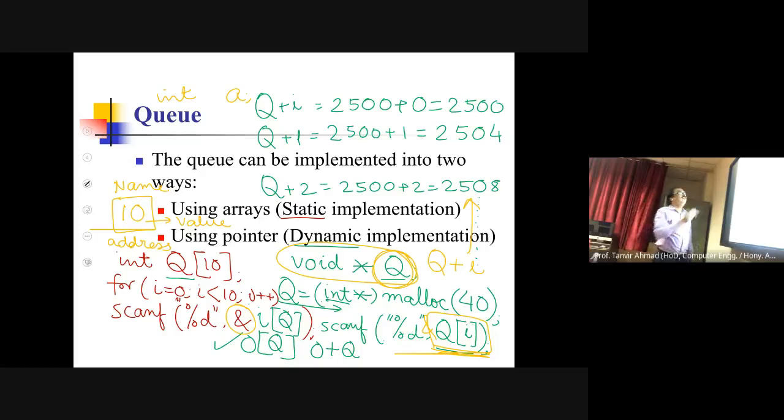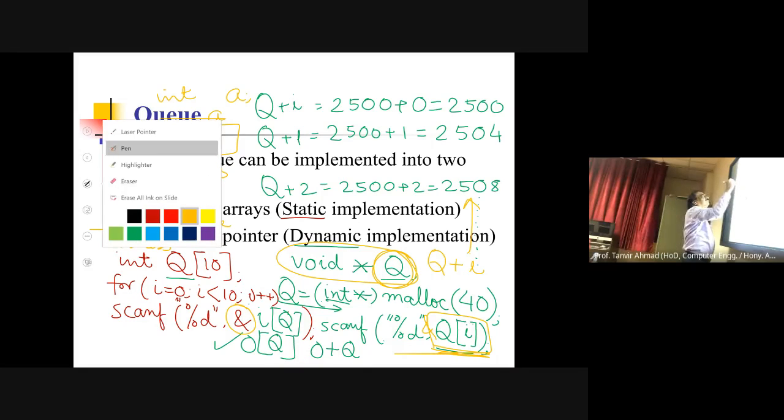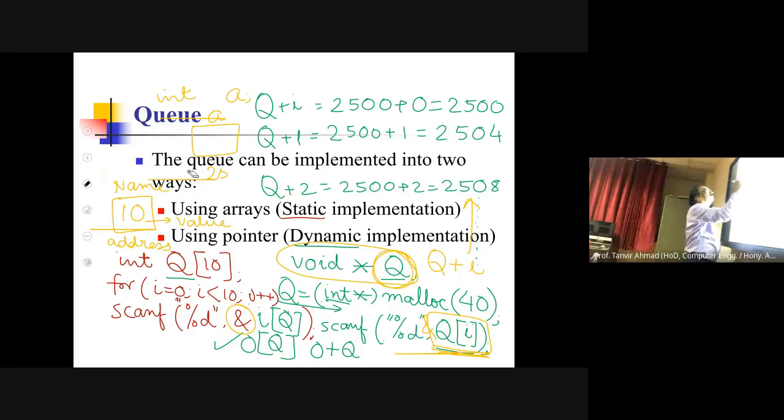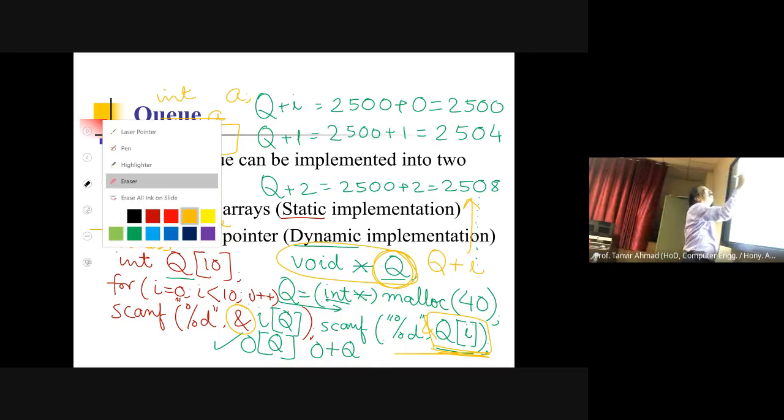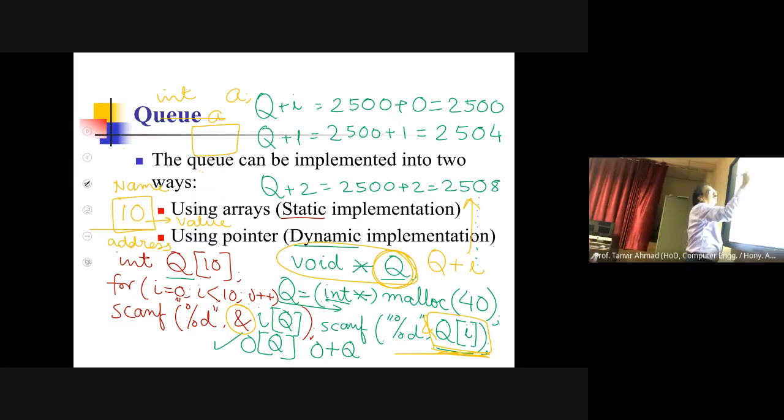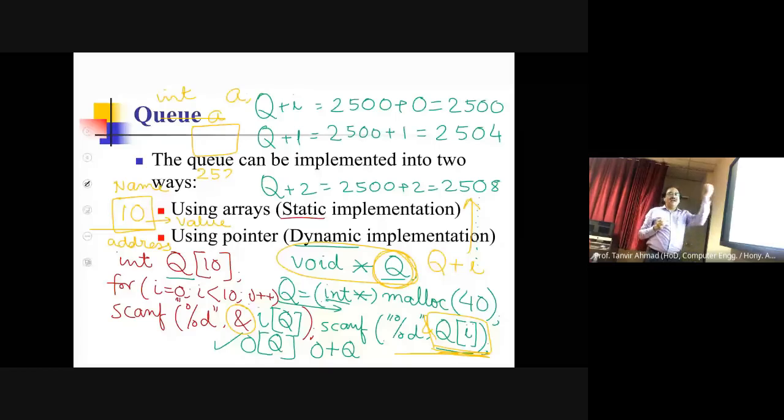Now here you will create a memory map like this: a, some address, maybe say 2500, say 20, and we'll have some junk value inside it.